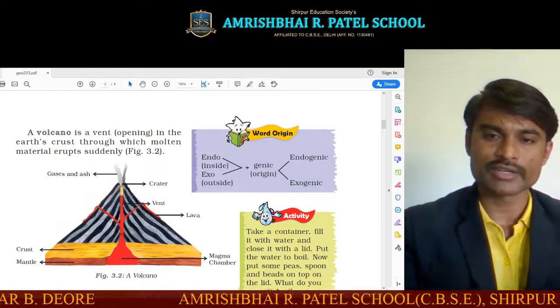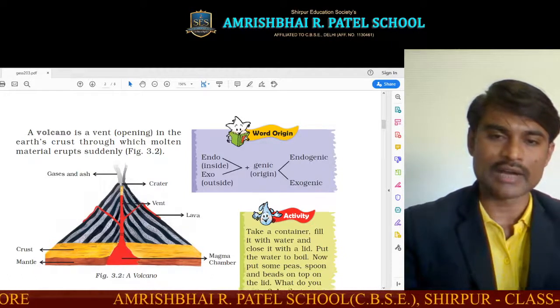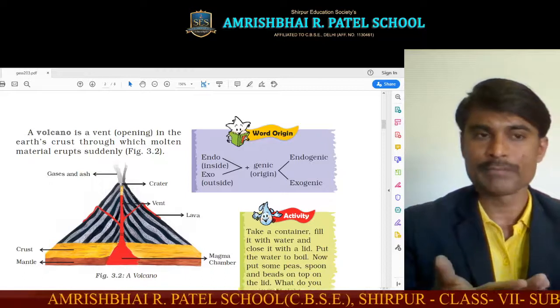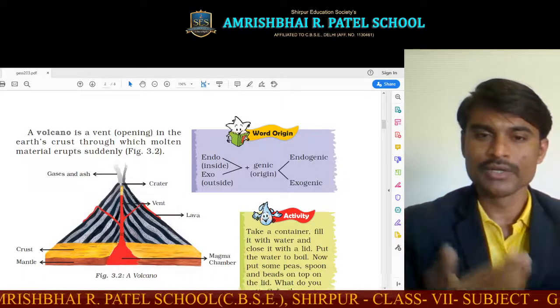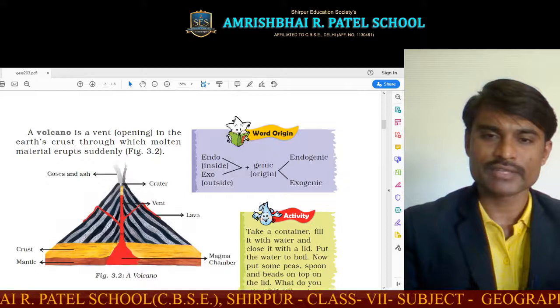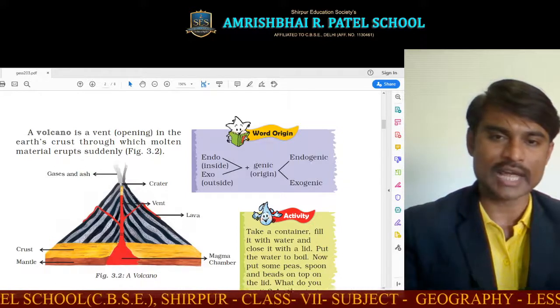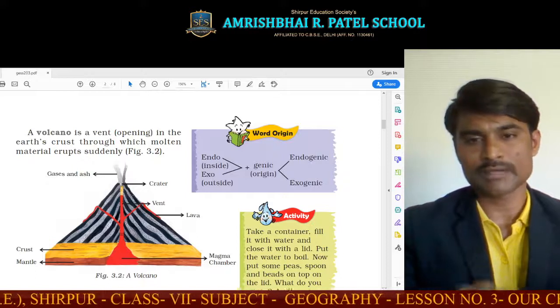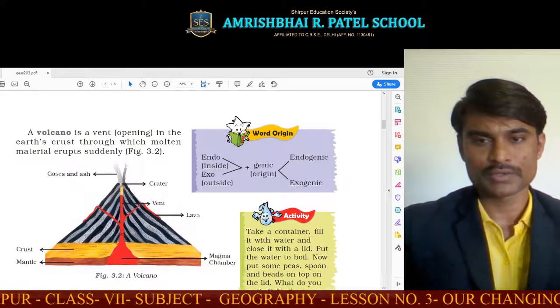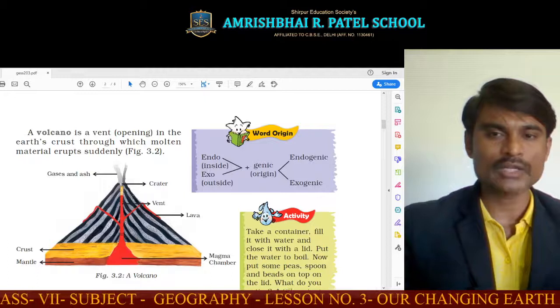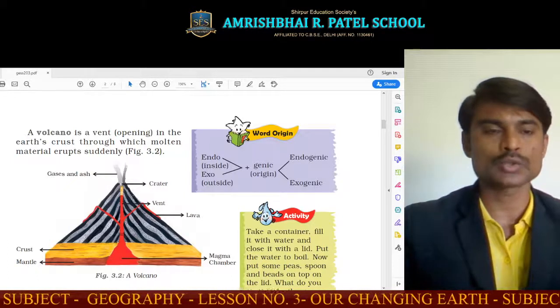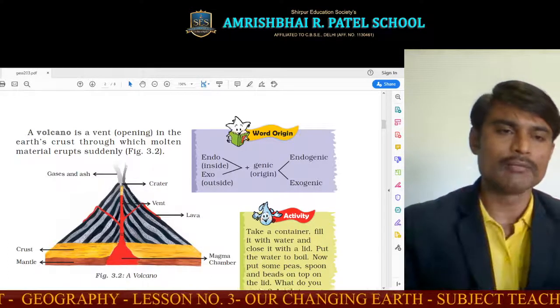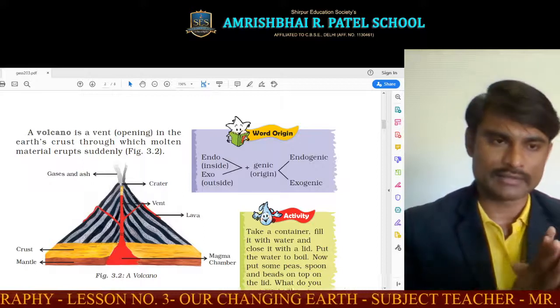You can see these red things, it's lava coming up, erupted from below. This is the lava, this is the vent, this is the crater, and this is the gas and ash coming out of the volcano when it erupts. This is volcanic activity.